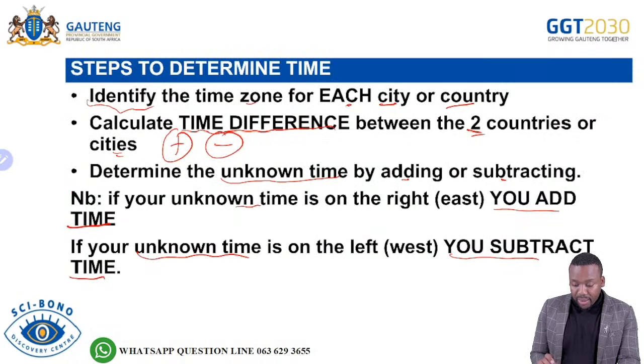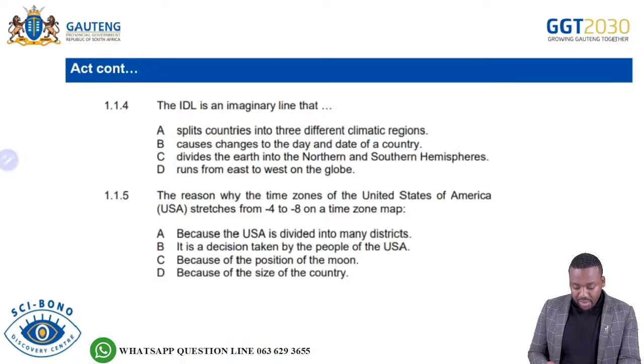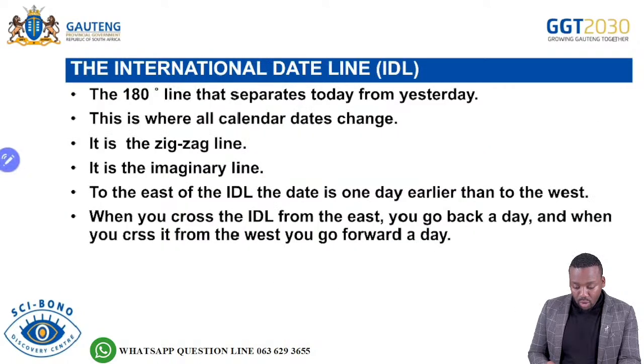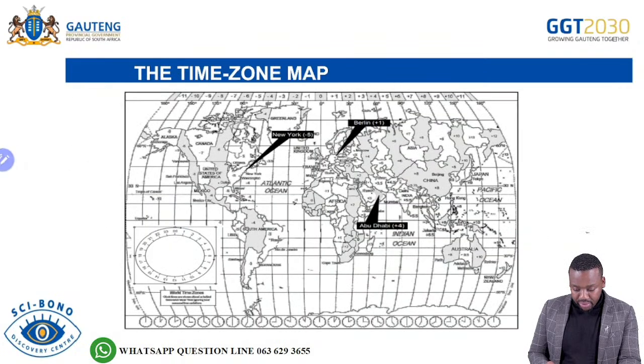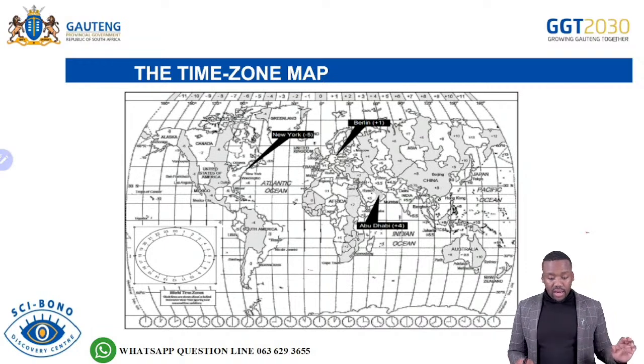Identify the time zone for each city or country, from the time zone map. Let's go back to the map, because you don't just plot, you identify directly from the map.